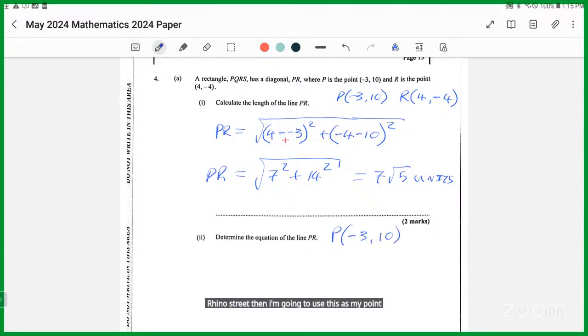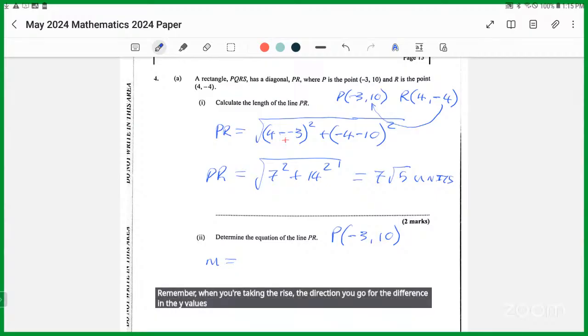But I also need to know the gradient. Gradient m. Remember, gradient is rise over run. The rise is the difference in the two y values. Remember, when you take the rise, the direction you go for the difference in the y values, you must go the same direction for the difference in the x values. It's very important when calculating gradient.